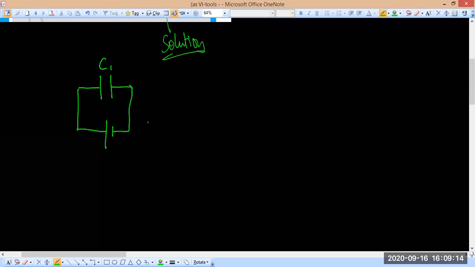So I'm saying that first of all, there is one capacitor, C. It has been charged. Let's call it C1 actually, right? It was connected to a battery and it was charged. Then we disconnected the battery. So the second step was we remove the battery. We don't touch the capacitor, we let it be like that. Then we bring another capacitor, let's say C2, and then we join them.